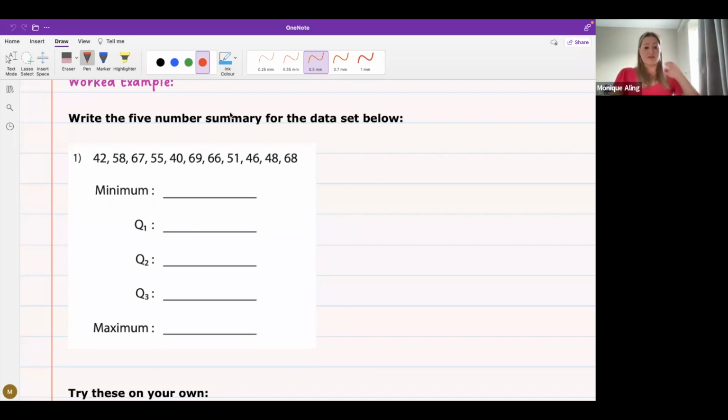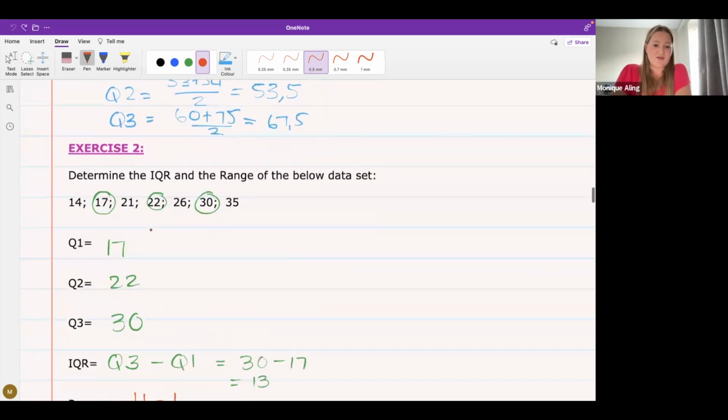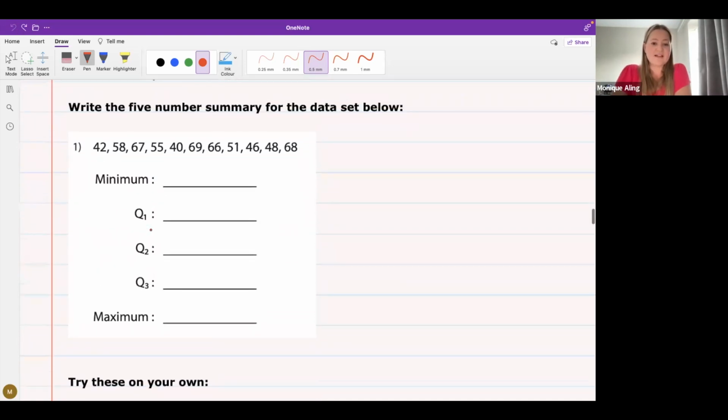Okay, so this one unfortunately wasn't as nice because as you can see, our data is all jumbled up. So we need to put that in order. So to save time, I'm just going to do that quickly for you. I don't know why that jumped like that.